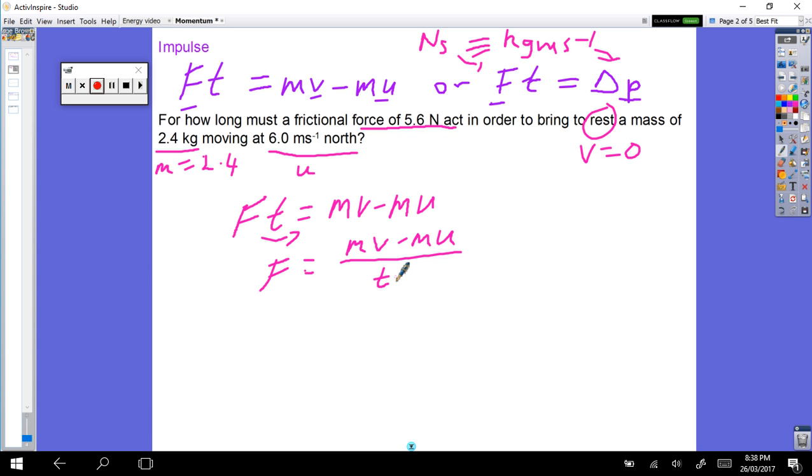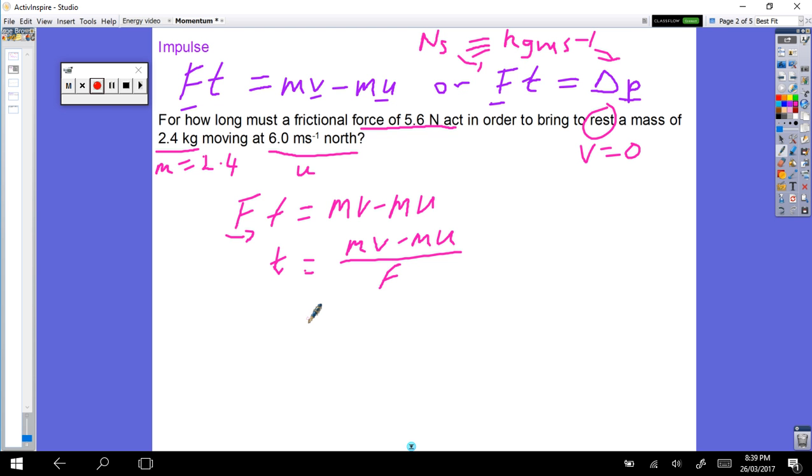You can do this first, at the beginning, when you have a formula, to arrange it for the term that you want to solve. It is much better than putting the numbers in and then rearranging, because you're more inclined to make a mistake, which I just did. I actually want to put time on one side, so I'm going to take the force across there. So leave the time, that's what I want to find out, and put the force over there. Okay, that was alright.